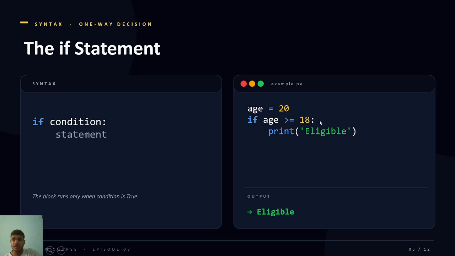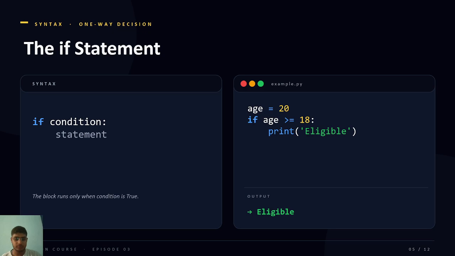Here, after the if statement, there should be some space left. This is known as indentation, and you have to take care of indentation, otherwise it will give you a syntax error. In Python, indentation is very important. The code inside the if block must be indented.